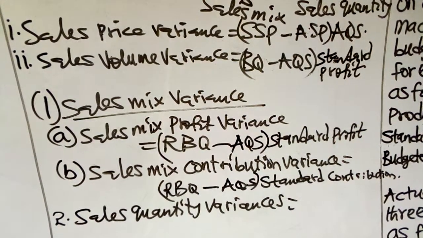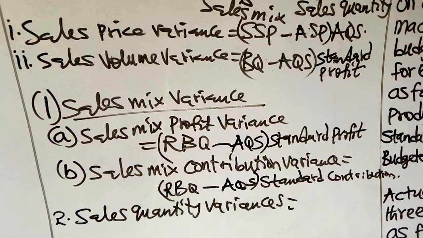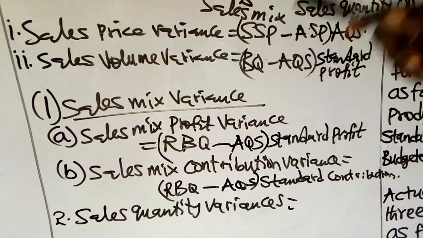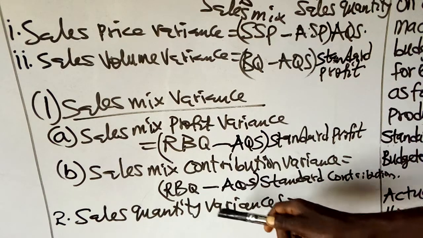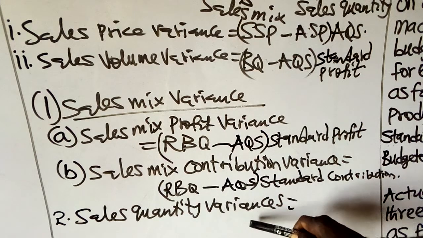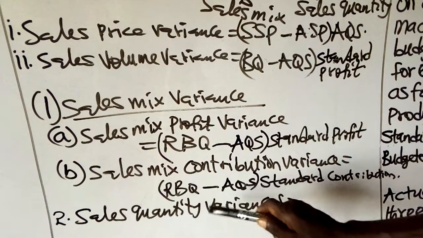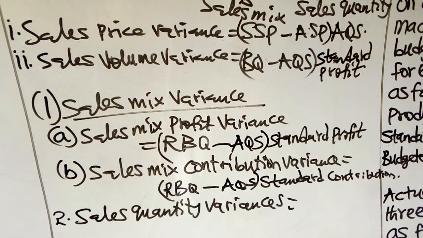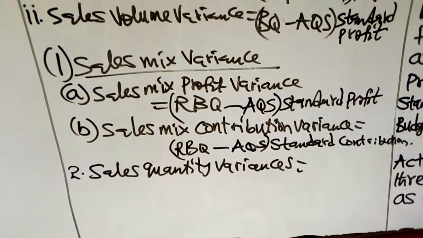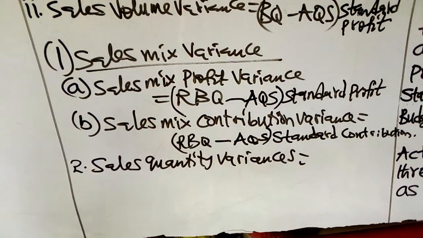A sales quantity variance measures the effect on profit or contribution of selling a different total quantity from the budgeted total quantity. So under this sales quantity variance, you can as well compute sales quantity profit variance.